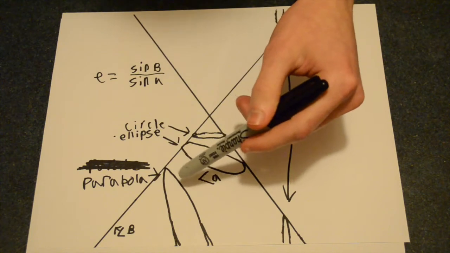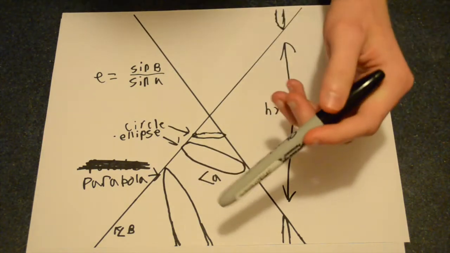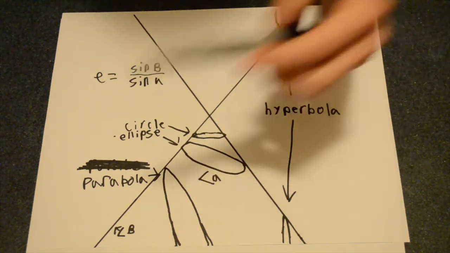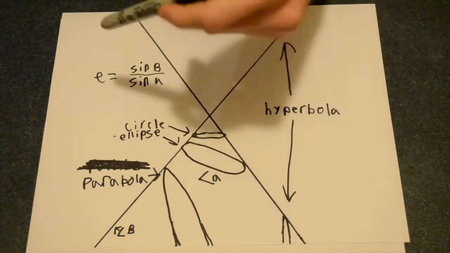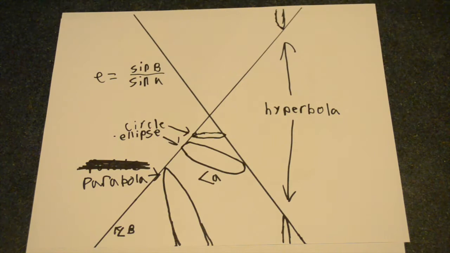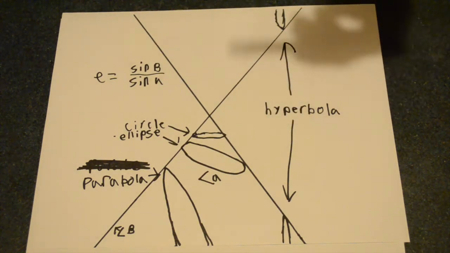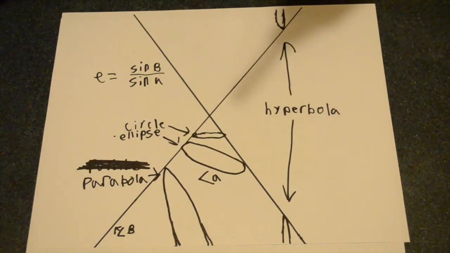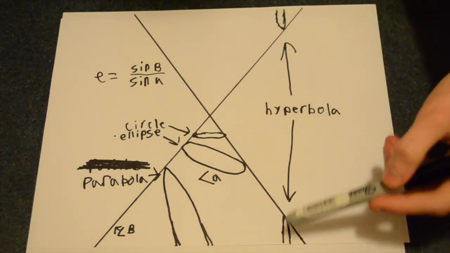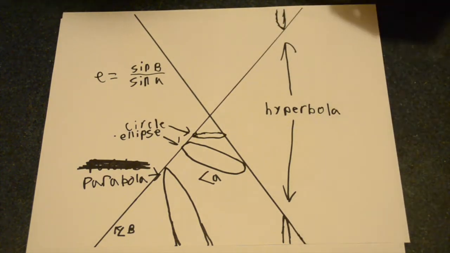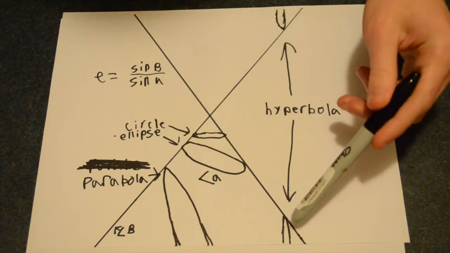Parabolas and hyperbolas are open orbits. So they're escape orbits or also collision orbits, but you can't stay stable in them. The hyperbola is just the linear slice out of the cone, I believe.